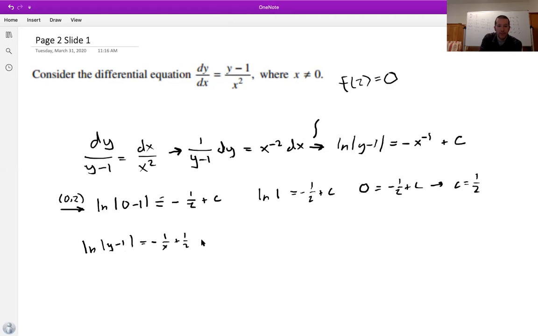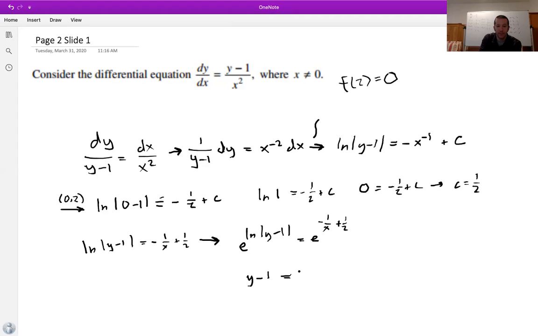Now I can just exponentiate, which is a very common thing in these problems. Let me write out the step in between, because this is really from a previous lesson, just so we're all on the same page. I did e to the ln of y minus 1 equals e to the negative 1 over x plus 1/2. This side, e to the ln of y minus 1, just becomes y minus 1.